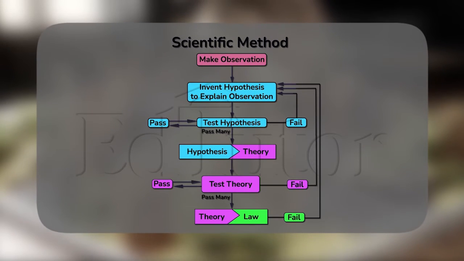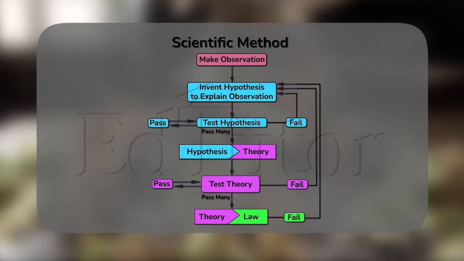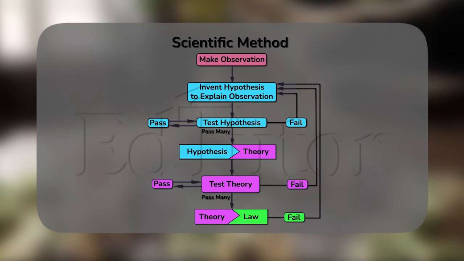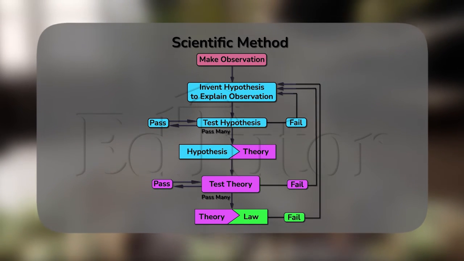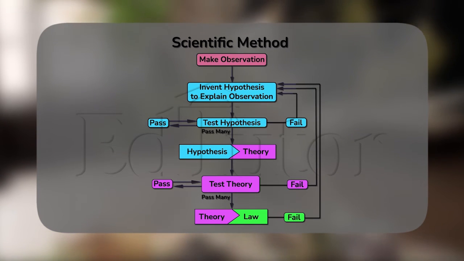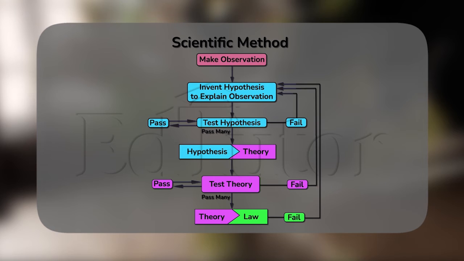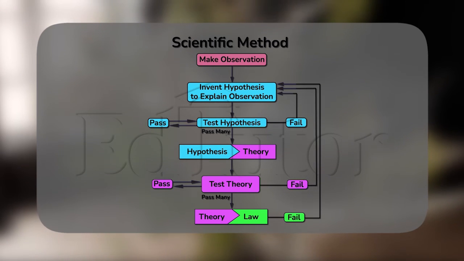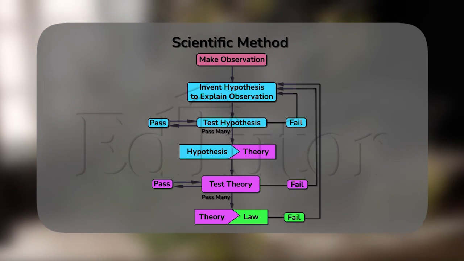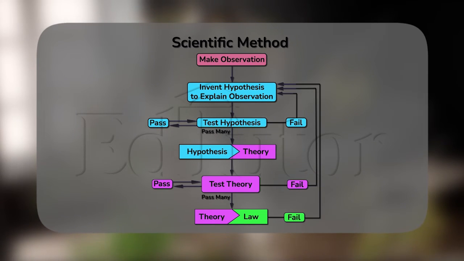So, if a theory survives this skeptical approach and is backed up by experimental evidence, it becomes a scientific law. Like Newton's law of motion, law of gravity, and law of momentum, or the Hardy-Weinberg law or Mendel's law of inheritance. Wow, that's a perfect treat for a biologist's hard work, I must say.